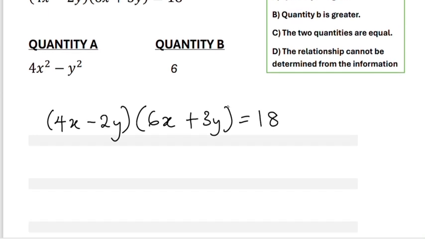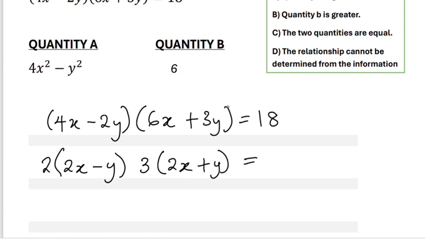We can factor out 2, and what we'll have left will be 2x minus y, times, we have 6x and 3y. We can factor out 3. What will be left here will be 2x plus y, and this is simply 18.